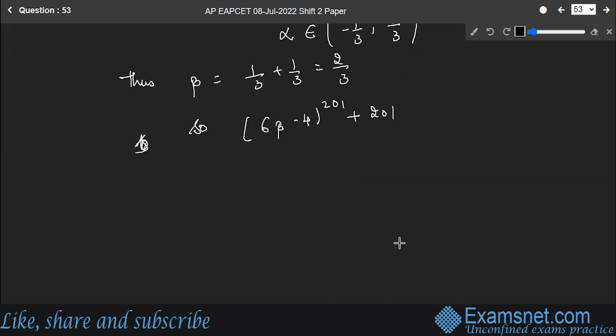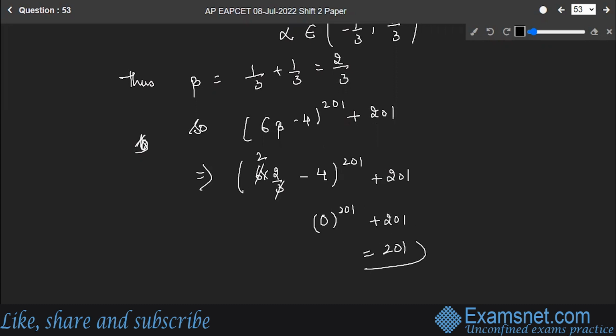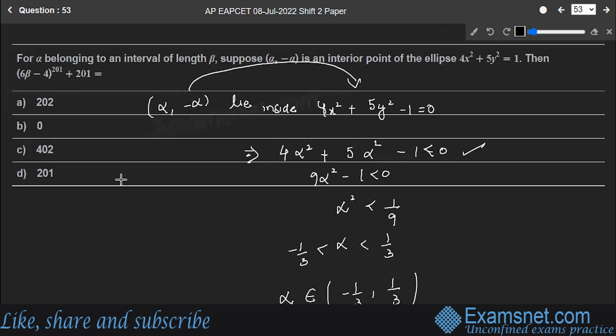So just fill in the values: (6 into 2 by 3 minus 4) raised to power 201 plus 201. This will give you (4 minus 4) raised to power 201, that is 0 raised to power 201 plus 201. The answer will be equal to 201. Hope you are clear with this. So we have option D as our answer, right?